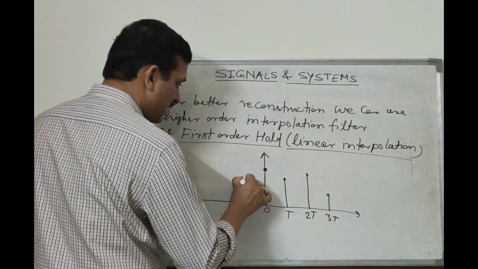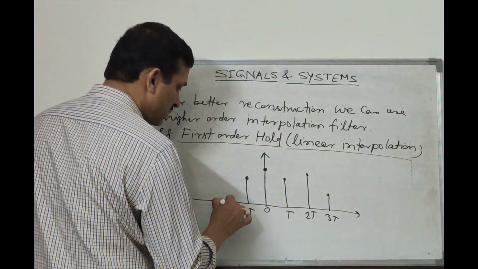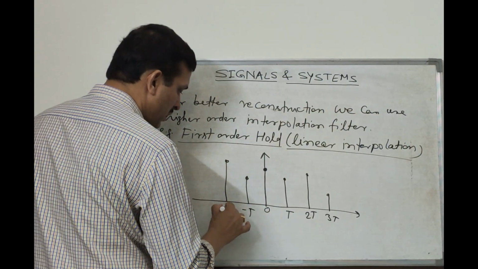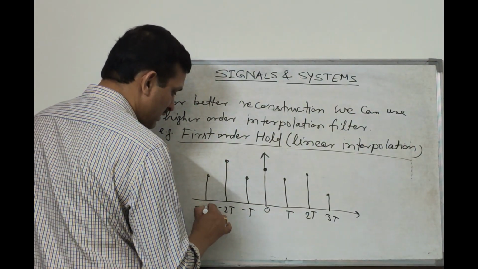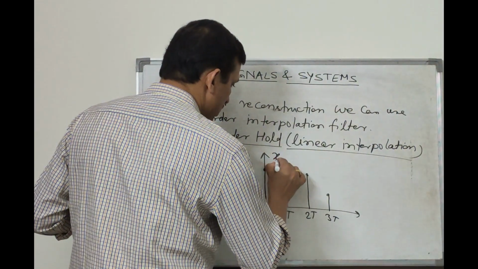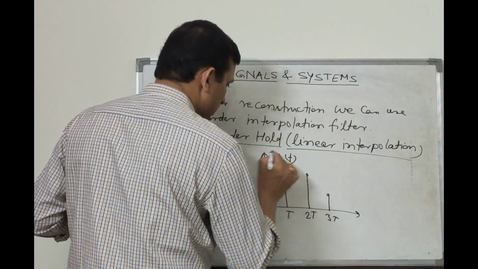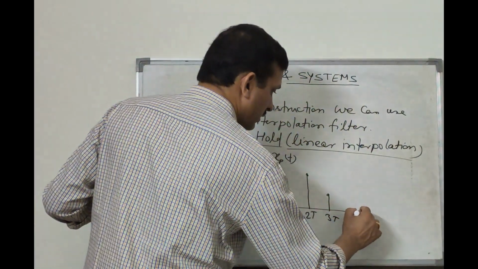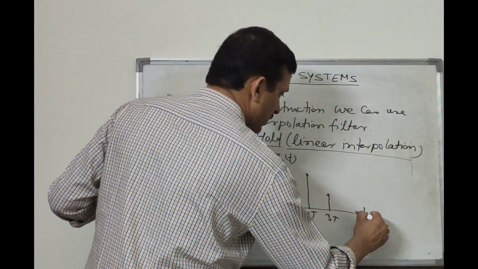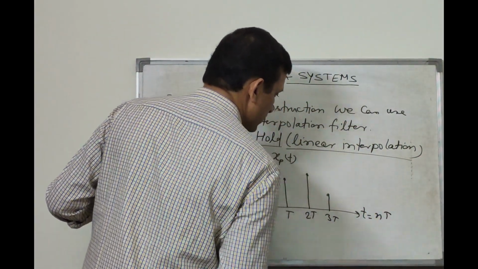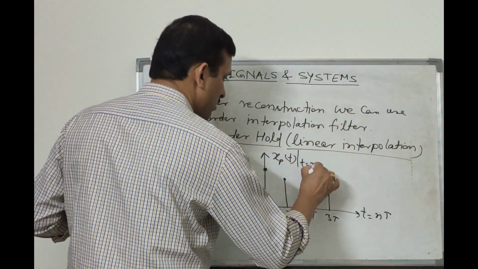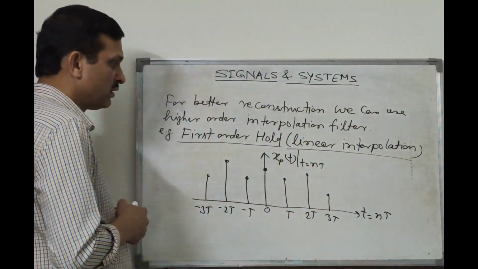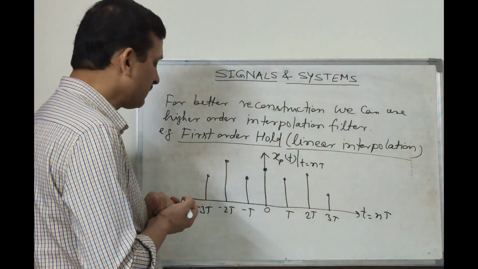Similarly at minus T, minus 2T, minus 3T, and so on. So this is our x_p(t) signal defined at nT only. So this is our discrete time signal.